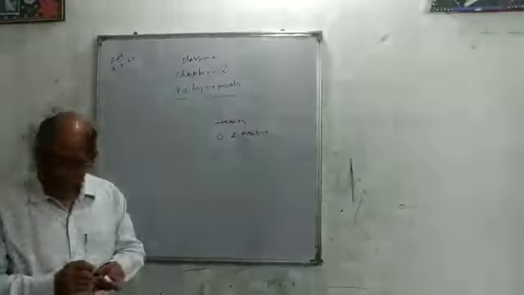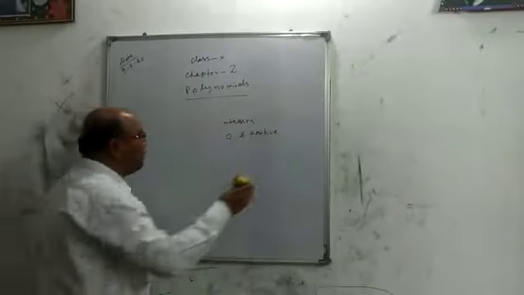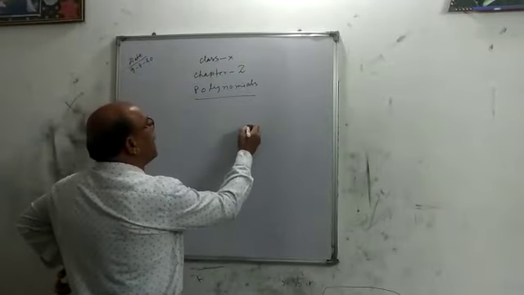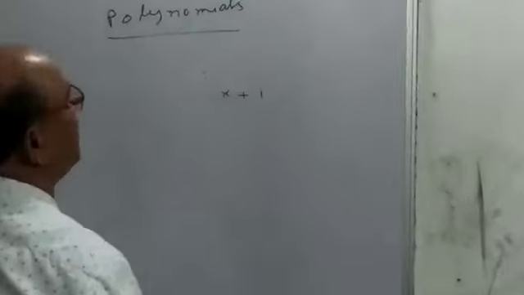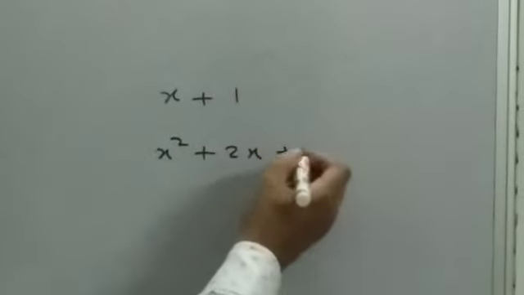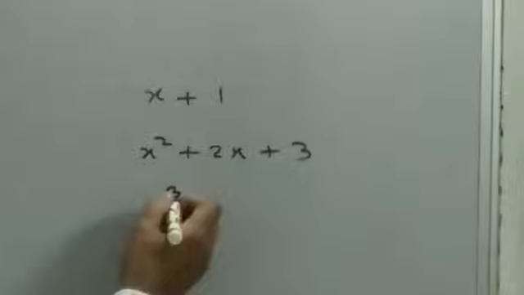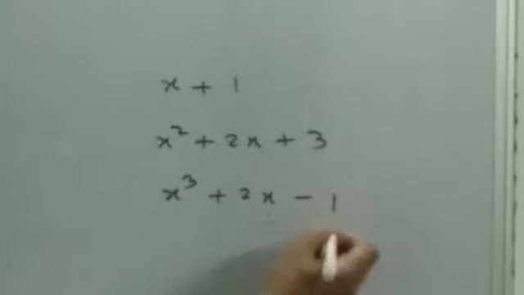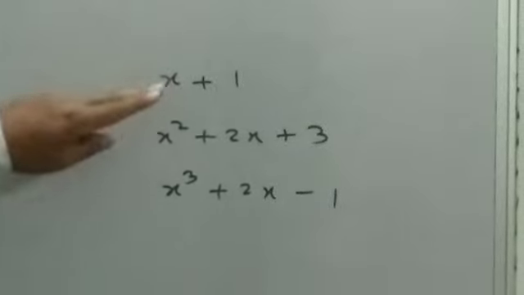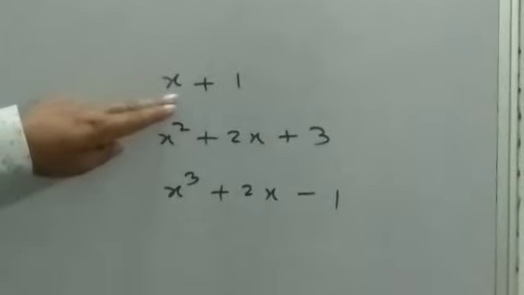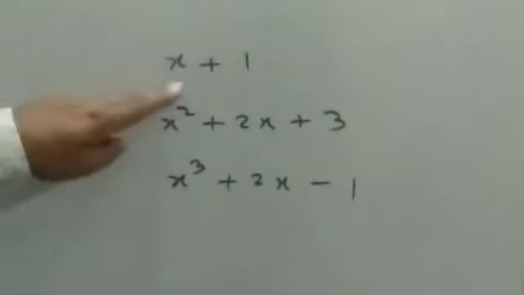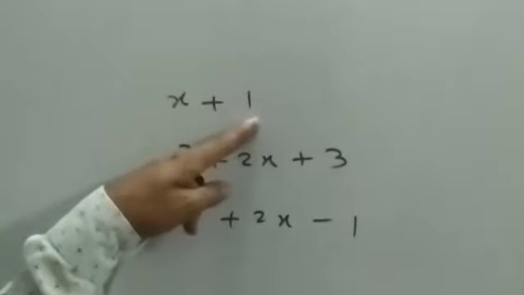For example, x plus 1 is a polynomial, x square plus 2x plus 3, x cube plus 2x minus 1. These are some polynomials. Now you have seen the highest power of variable x is 1, so the degree of this polynomial is 1.